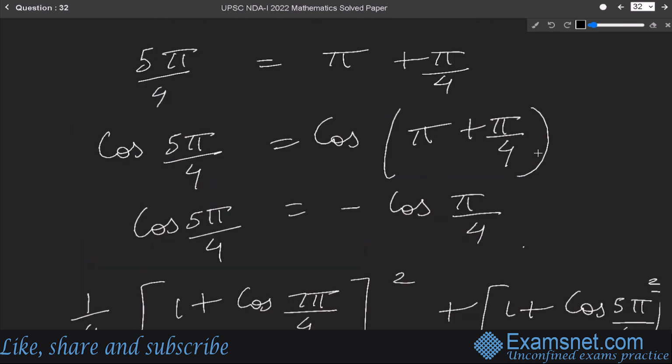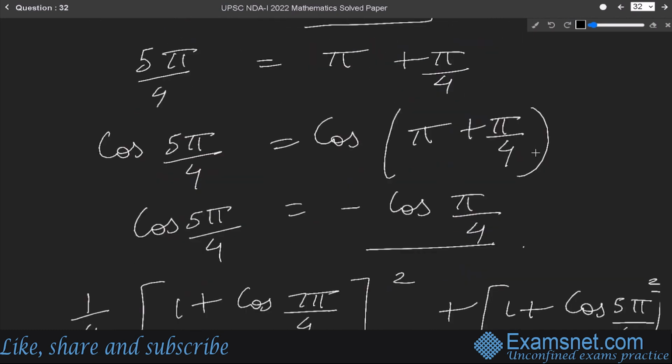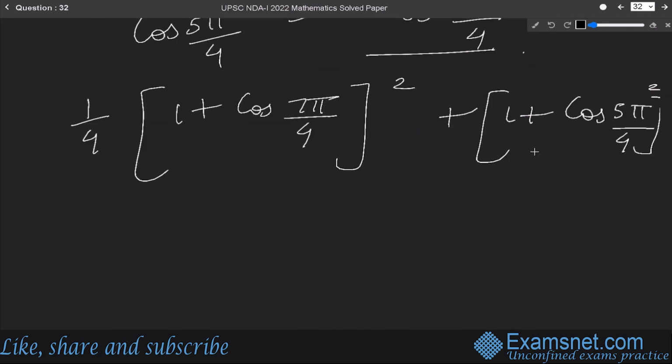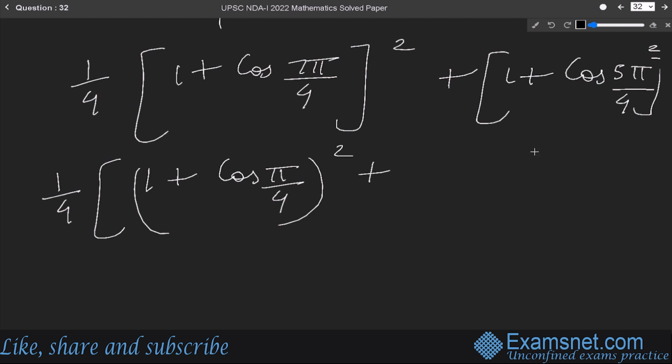Now we have found out the value for cos 5 pi by 4, which is minus cos pi by 4, and the value of cos 7 pi by 4 is cos pi by 4. So putting the values here, we get 1 by 4 times (1 plus cos pi by 4) whole square plus (1 minus cos pi by 4) whole square. We have just put the values of 7 pi by 4 and 5 pi by 4.